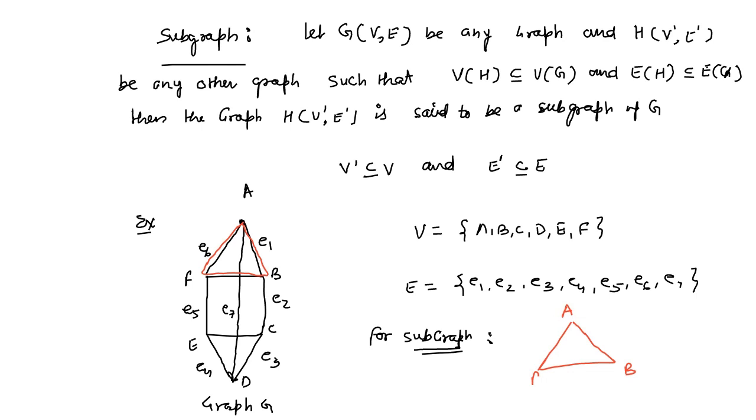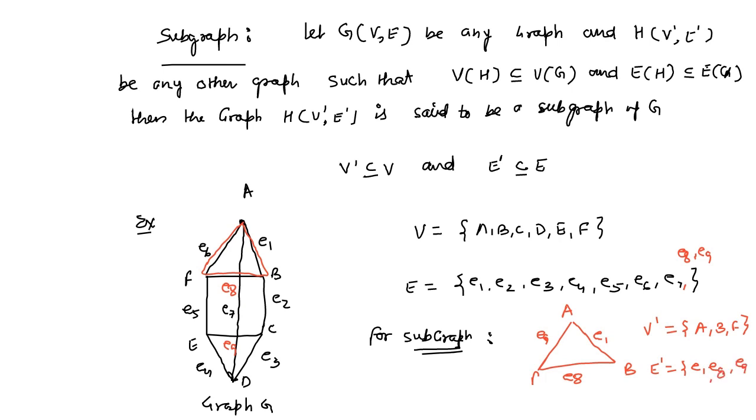For this subgraph of graph G, we use E1 and also E8 and E9 are added. So this V' we can denote as A, B, and F, and E' we denote as E1, E9, and E8.